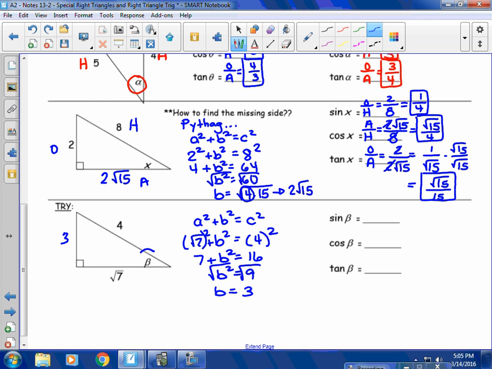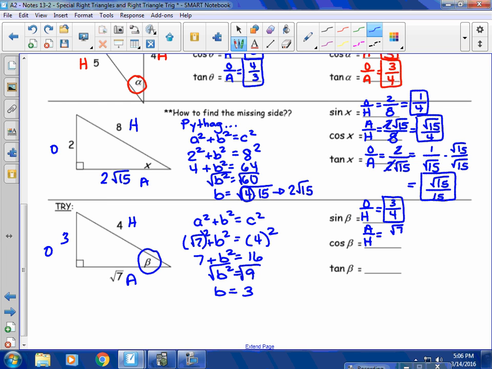Okay, so now I'm talking about beta. That's what this is. Obviously, this is hypotenuse. Next to beta is the adjacent, radical 7. Opposite is 3. So sine of beta, so opposite over hypotenuse. Opposite is 3. Hypotenuse is 4. Nothing to reduce there. Cosine, adjacent over hypotenuse.